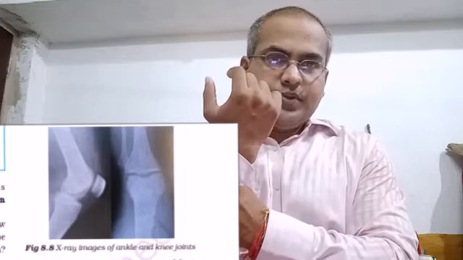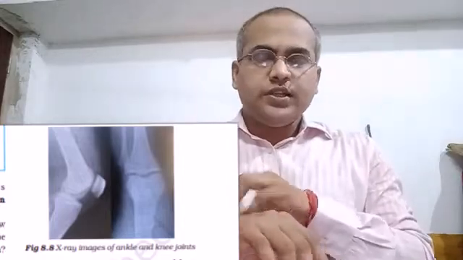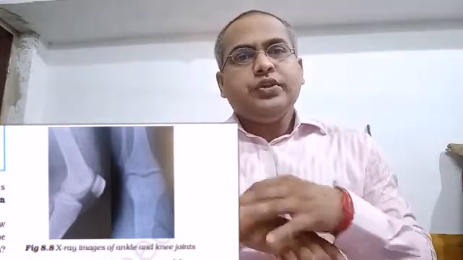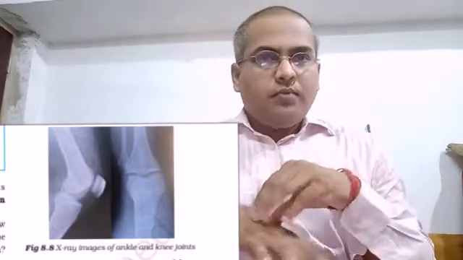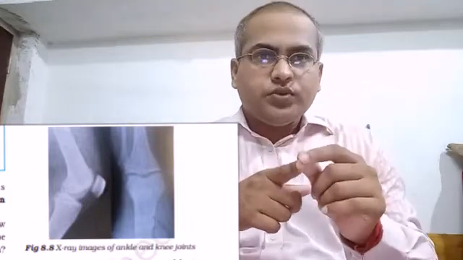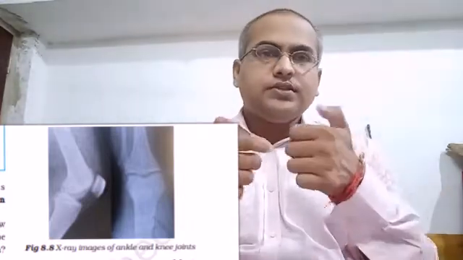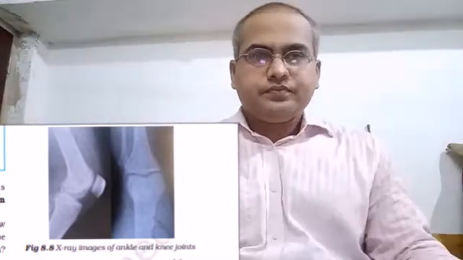Then comes the wrist, with many small bones. Then there are 5 long bones in the palm. Every finger has 3 bones, only the thumb has 2 bones. So this is all about our hand.